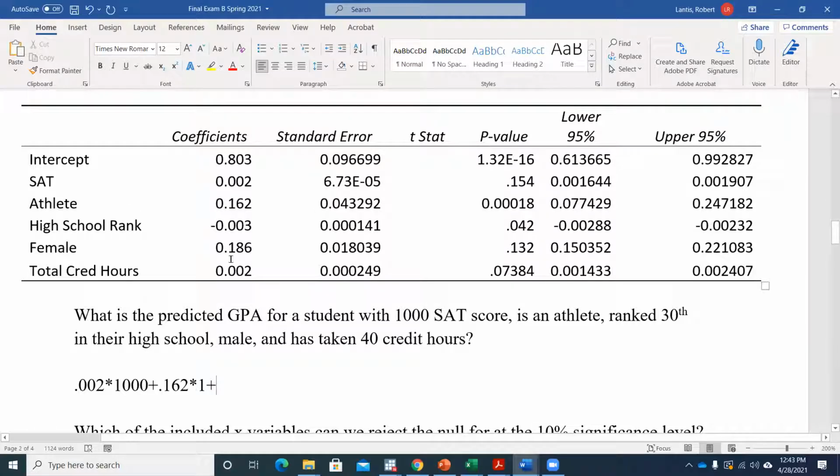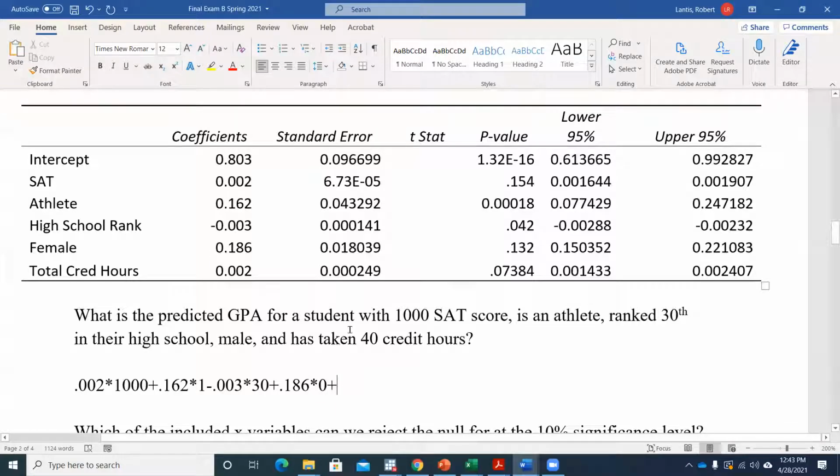High school ranking, well, minus, because it's a negative sign on that coefficient, 0.003 times 30, since they were 30th in their high school, plus that coefficient on female, 0.186 times, well, this is a male, so that female variable would be 0.